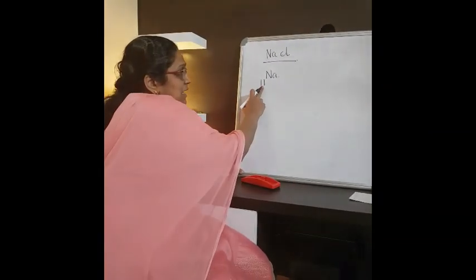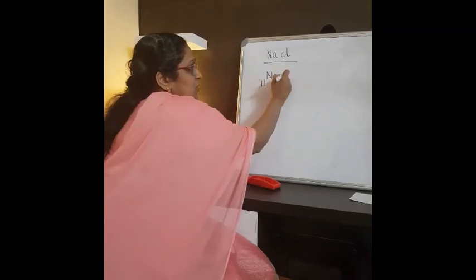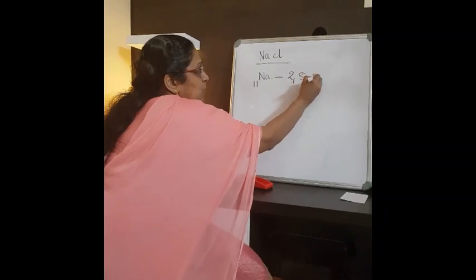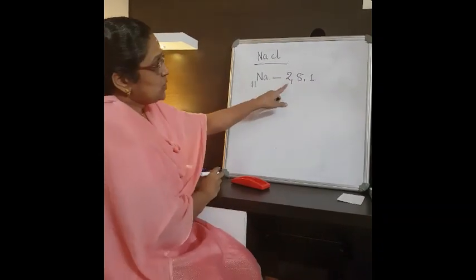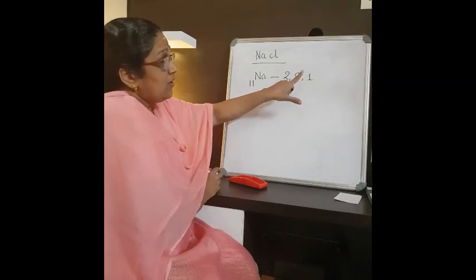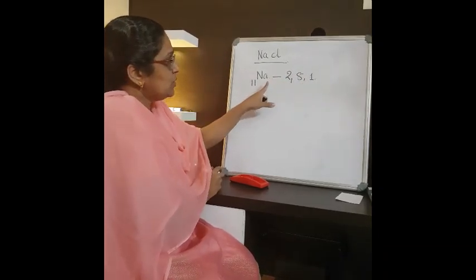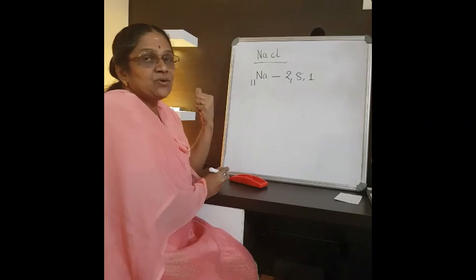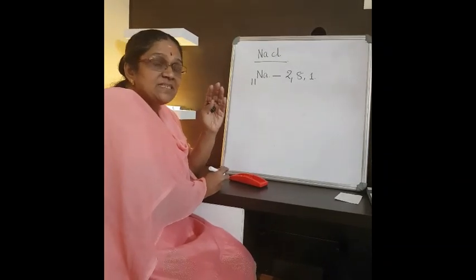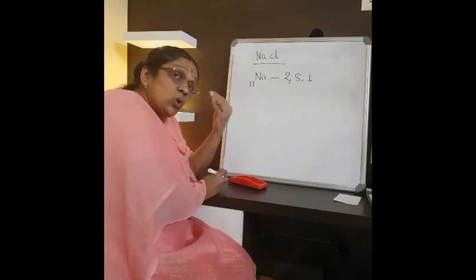Now the first thing you should do is write the electronic configuration of sodium. That is 2, 8 and 1. See, it is 2, 8, 1. Now, as I already told you, metals form cations or positive ions. That means they have an electropositive character. That means they always have a tendency to lose electrons.